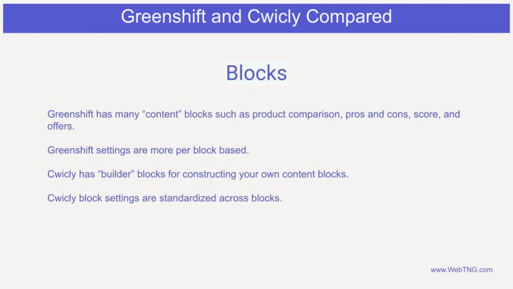And the block settings are standardized across all of the blocks. So the block settings are a little bit more like Oxygen or Bricks. And I think I've seen the Greenshift developer mention that he has on his roadmap to revisit those and to make them a little more uniform.